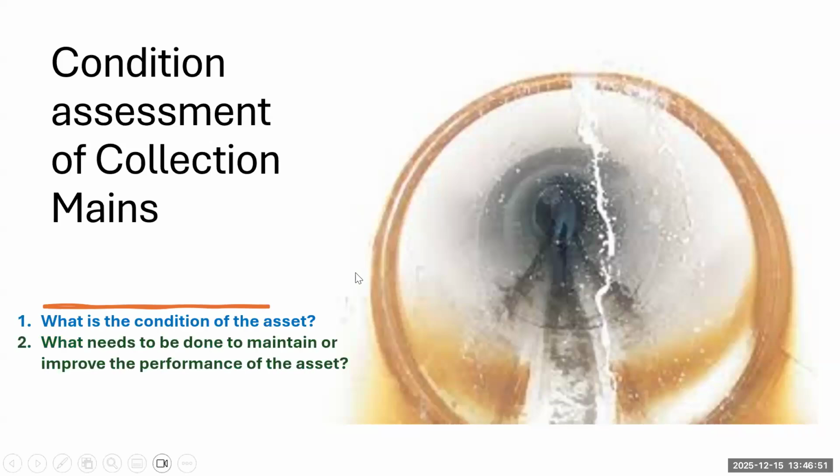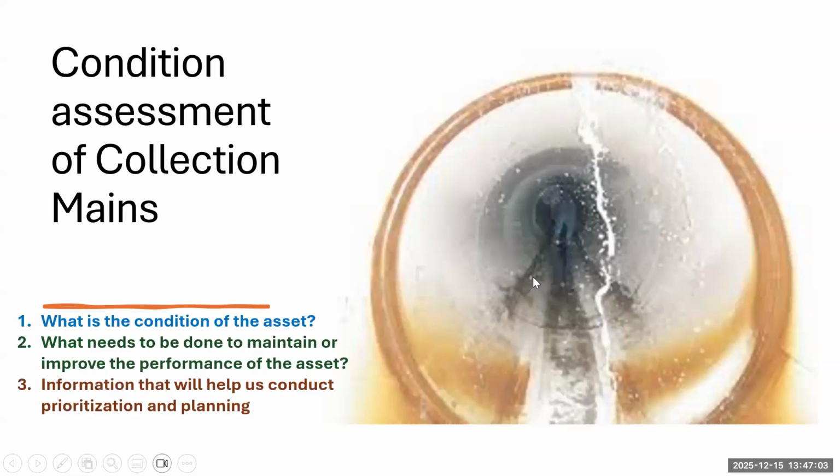We want to know for each asset, using our inspection technologies, what needs to be done to maintain or improve the performance of the asset. We also want information that's going to help us prioritize and plan, so we want to know when it needs to be done and how much it's going to cost. We hope to arrive at that information when we're done with condition assessment.